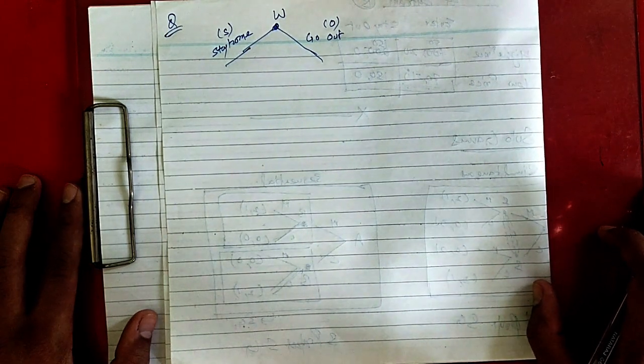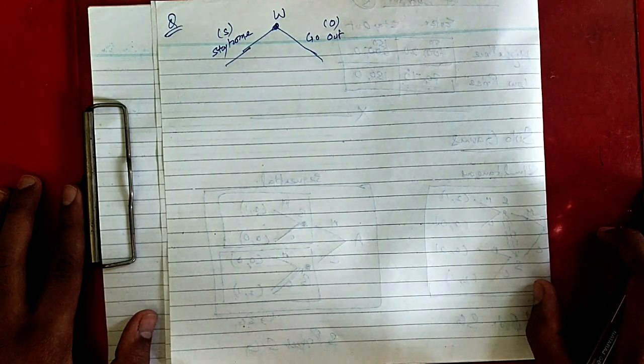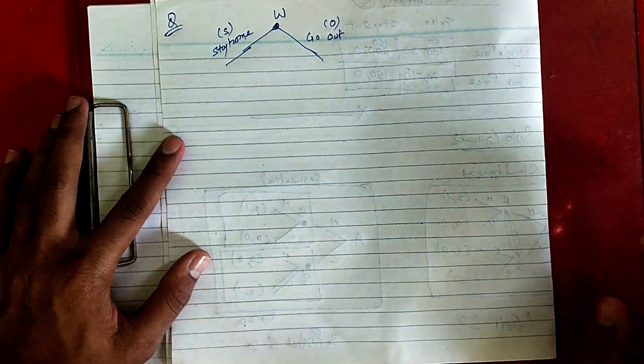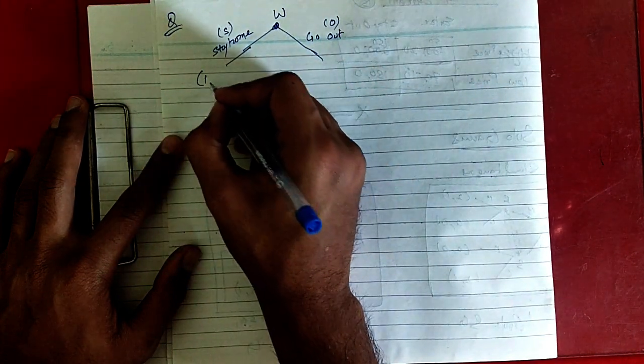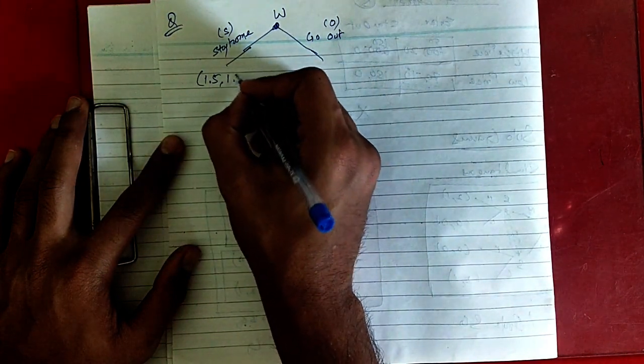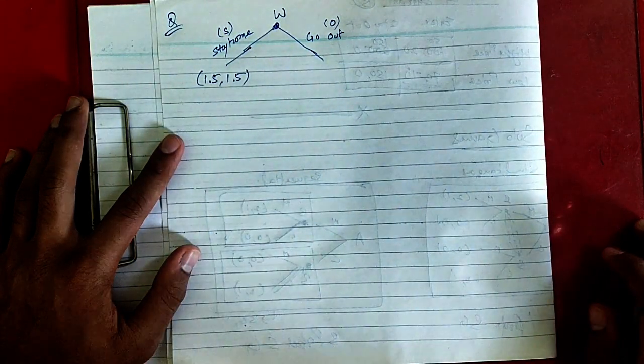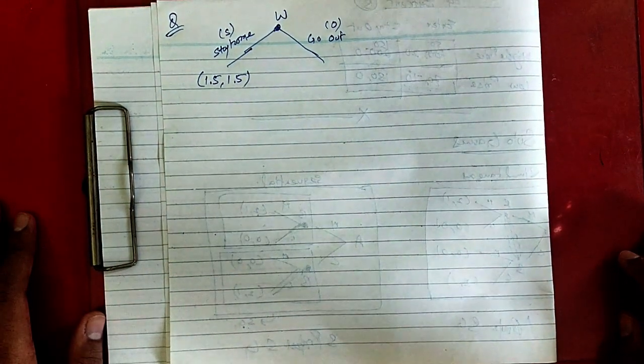If she chooses to stay home, the game ends and each gets 1.5. If she chooses to stay home, the game will end over here and both husband and wife will get 1.5, 1.5. Now let's move further.